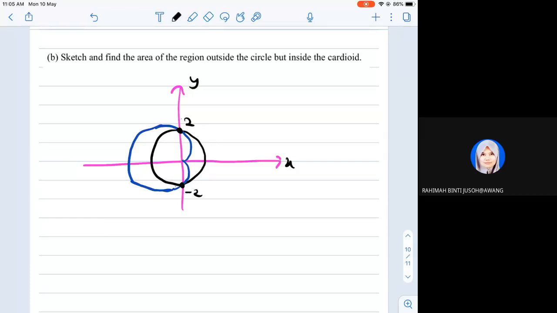Where is that, guys? Outside circle, inside cardioid. So this region, isn't it? This area, right? Correct? Yes.